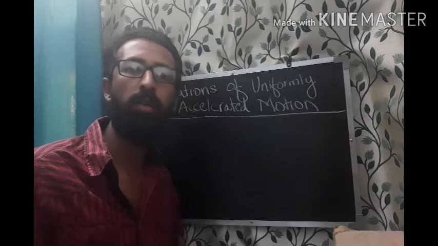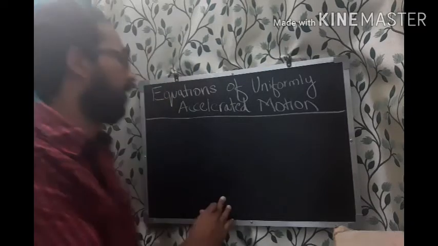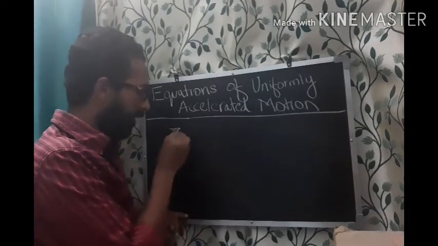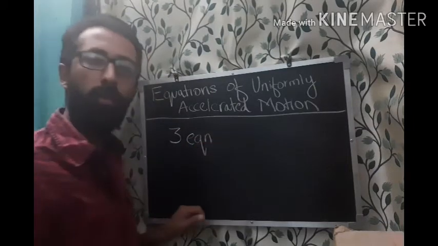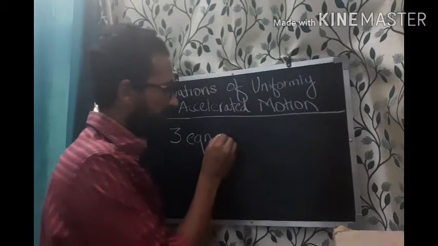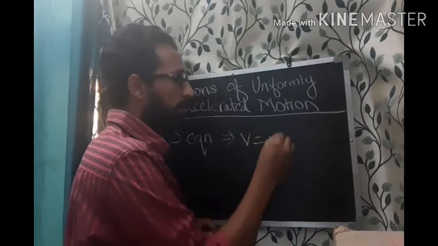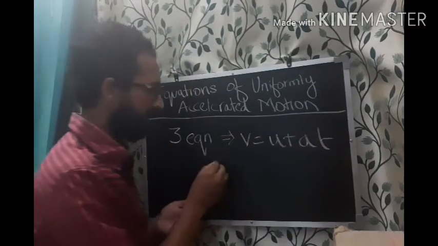So students, today we will be learning about uniformly accelerated motion, or equations of uniformly accelerated motion. There are three equations for uniformly accelerated motion. First is v equals u plus at.